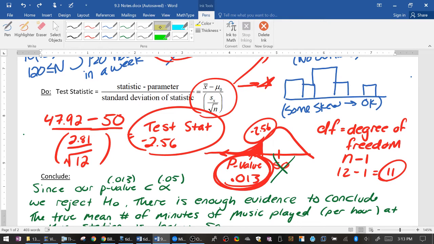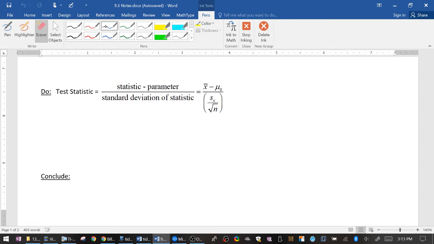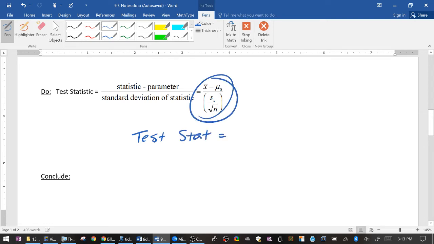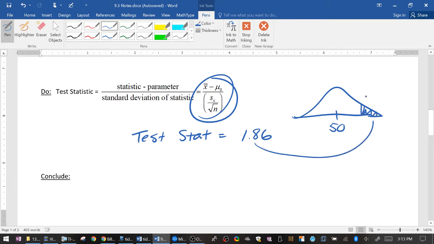So if, in fact, you got a test statistic that was positive instead of a negative, so this is separate from your notes, let me erase these things so I can show you the other side. So what happens if your test statistic, after you did all of this work, came out to be 1.86? Then technically, if this was 50, your test statistic, because it's positive, was on the right side. Here was 1.86.